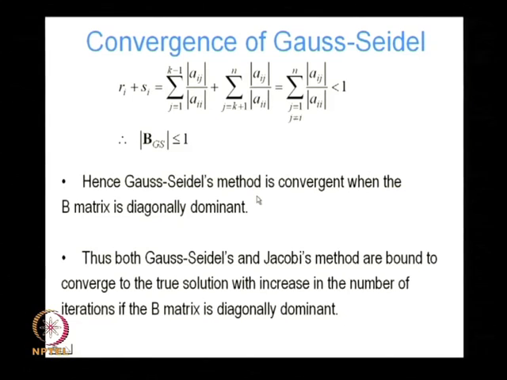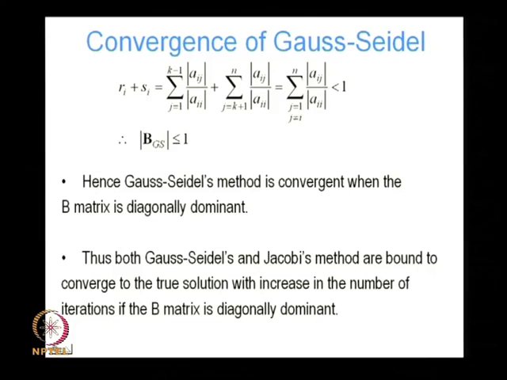Hence, similar to Jacobi's method, we see that Gauss-Seidel's method is convergent when the B matrix is diagonally dominant. Thus, both Gauss-Seidel's and Jacobi's method are bound to converge to the true solution with increase in the number of iterations if the B matrix is diagonally dominant.